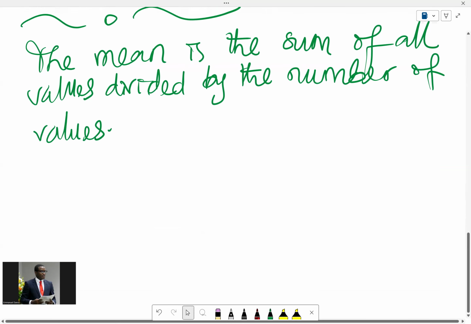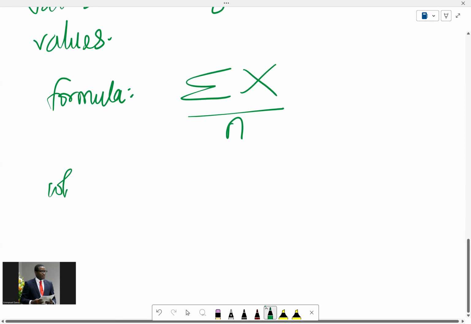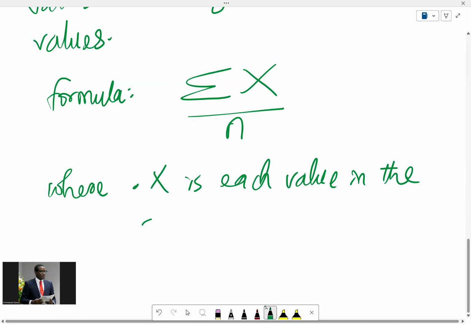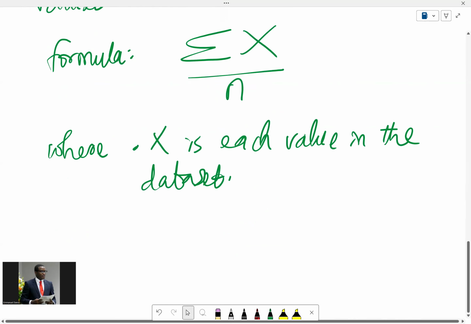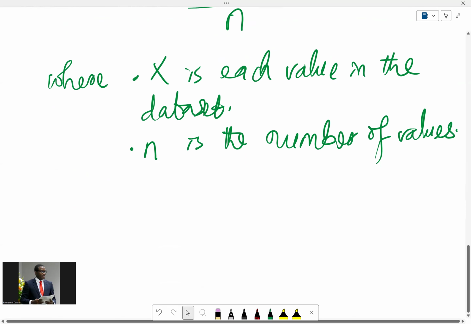The formula is the summation of all the data points divided by the number of data points, where x is each value in the data set, n is the number of values. We are particularly talking about ungrouped data, data given in discrete form.